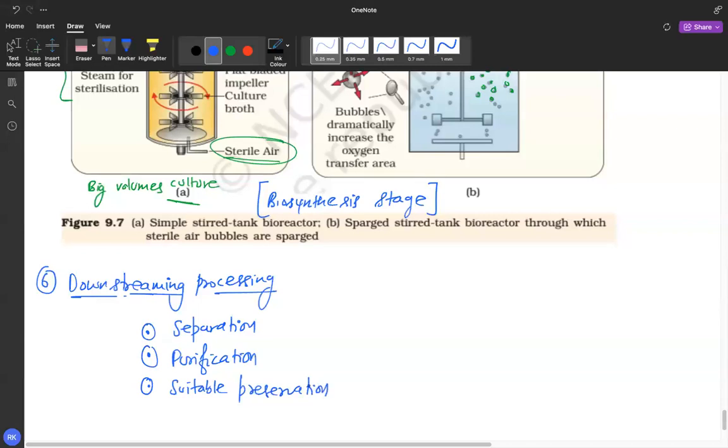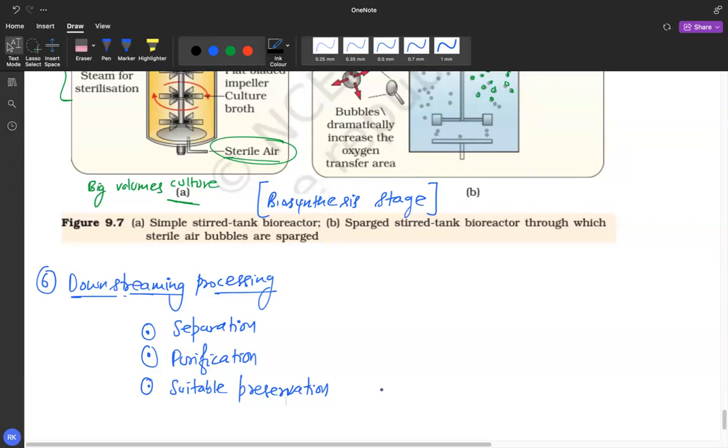Because you have made so much protein, whatever product it is, if it is insulin, or some other enzyme, amylase, keratin, biotin, whatever you wanted to make, for any drug, for any disease, or for any medicine, you have made it in bulk, a lot of it. So you have to preserve it.